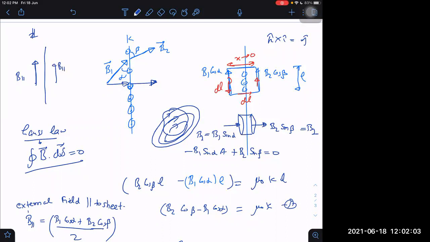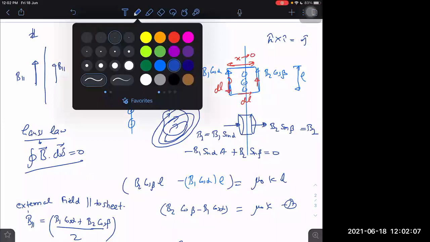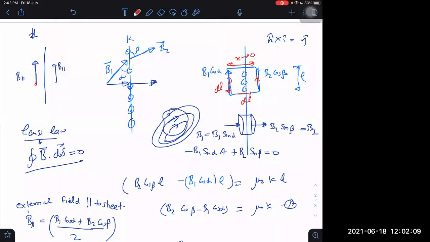Its own field is equal to mu naught K. In which direction is mu naught K? On the left hand side, mu naught K is downwards, and on the right hand side mu naught K is upwards.